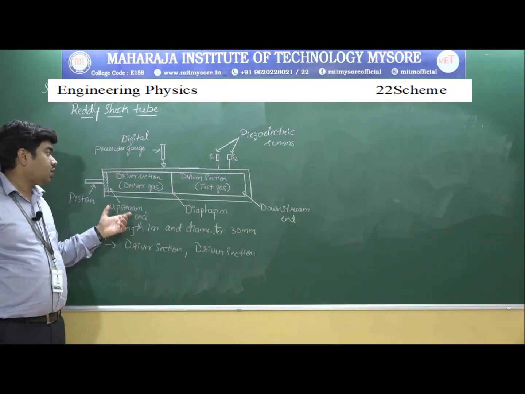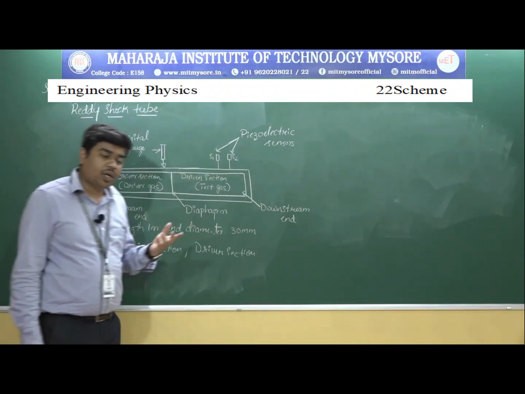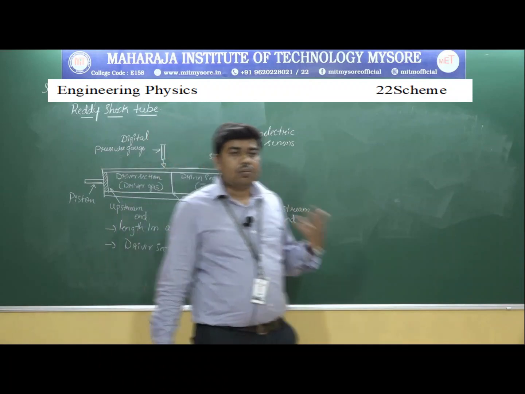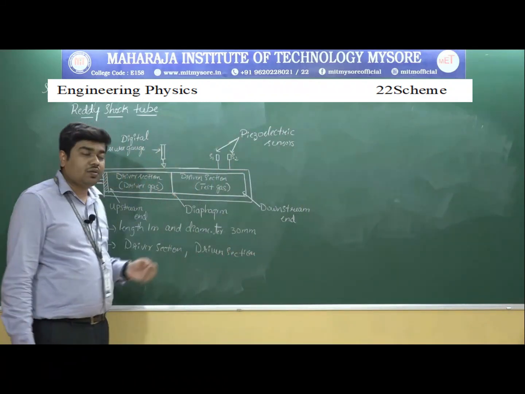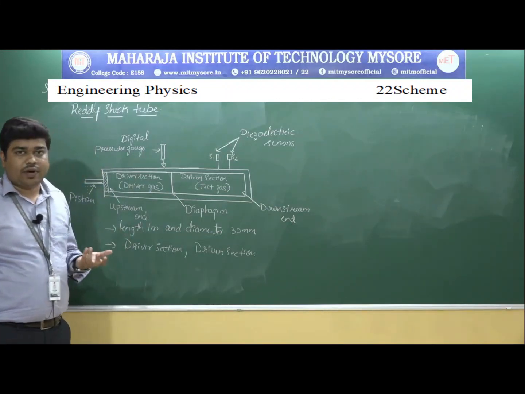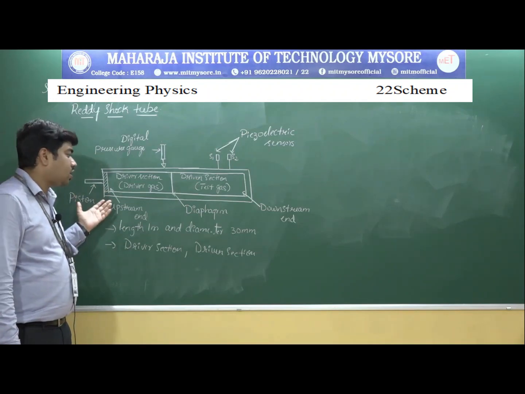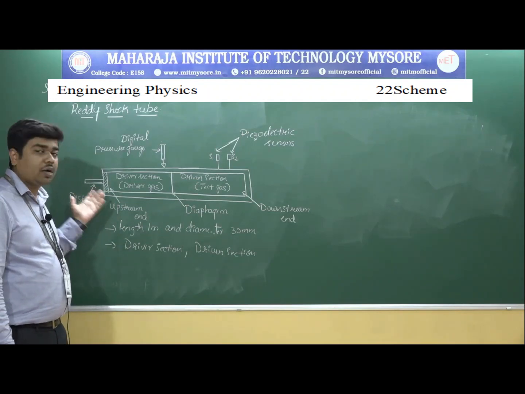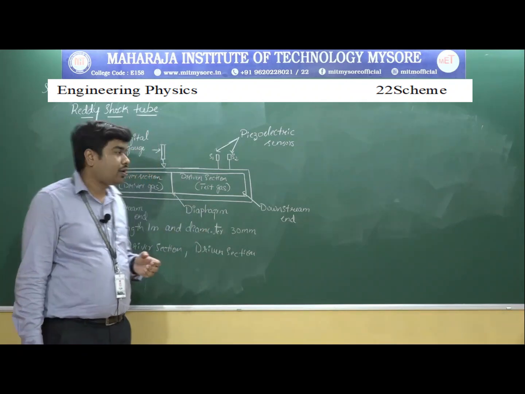Now, inside the driver section you have what is called the driver gas, which is kept at a comparatively higher pressure in order to make the gas compress, and inside the driven section we have what is called the test gas, for which we have to find out the pressure and temperature. The driver section end we call the upstream end, and the driven section end we call the downstream end.